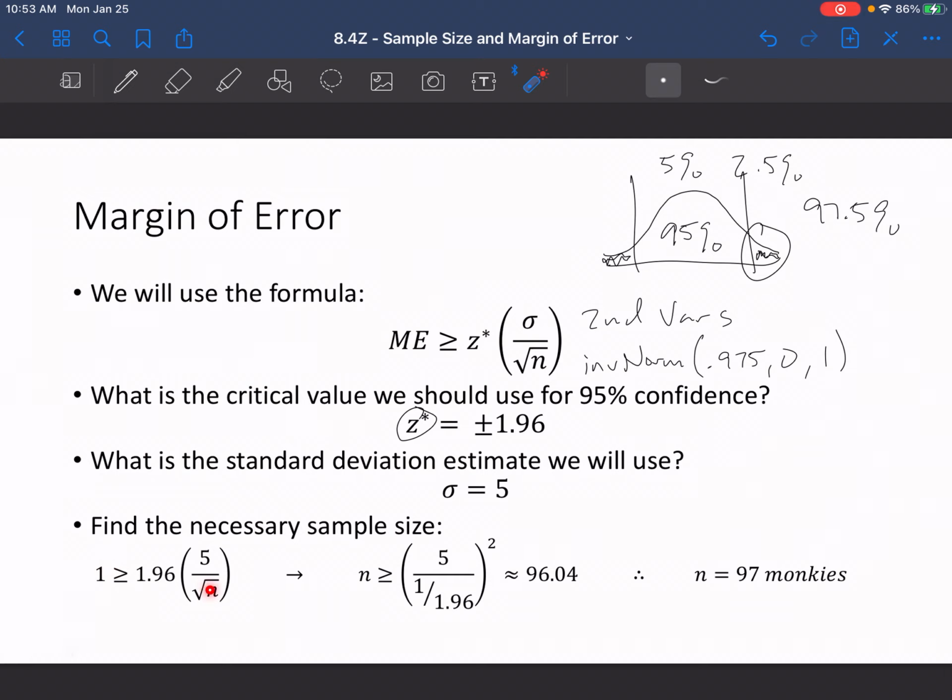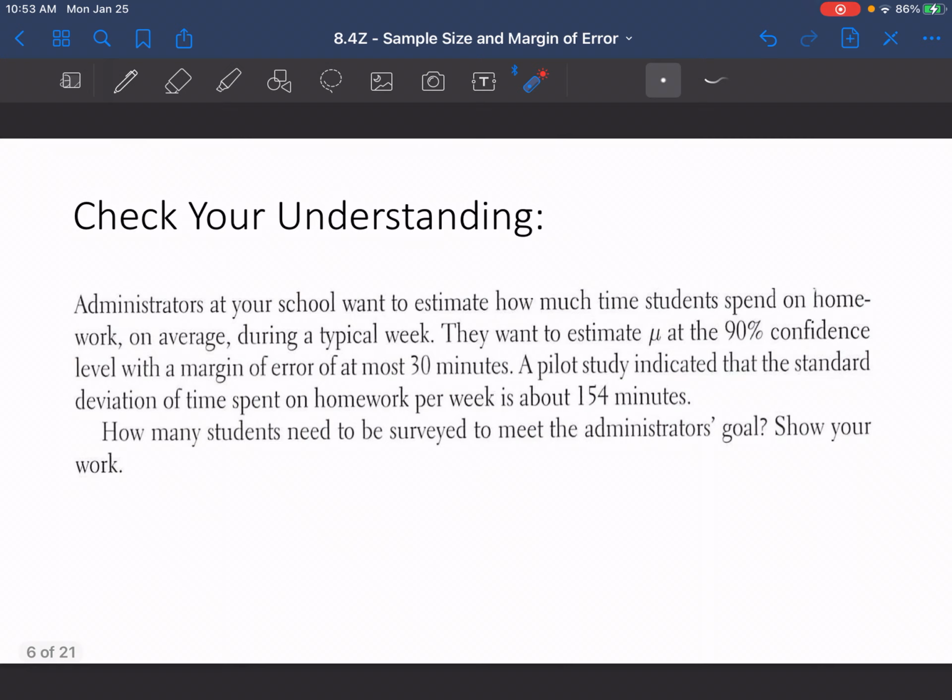When we do all that math, we come out with n is greater than 5 divided by 1, times 1.96, squared, which gives us 96.04. So n has to be greater than 96.04, which means we need a total of 97 monkeys in our sample to achieve our 95% confidence level and have a margin of error of 1. So that's how we would solve that problem.